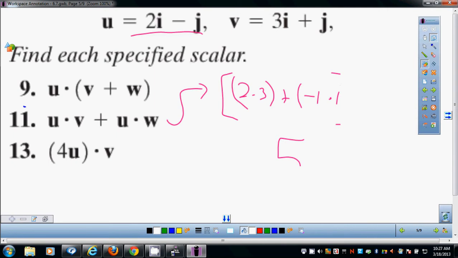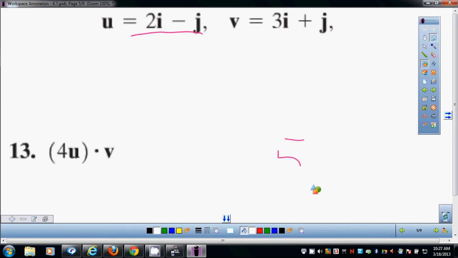So, for u, now how do you think I'm going to distribute that 4? Sarah, how am I going to distribute the 4 in number 13? It's on the board. That's right. So what's that going to give me? 8i minus 4j.